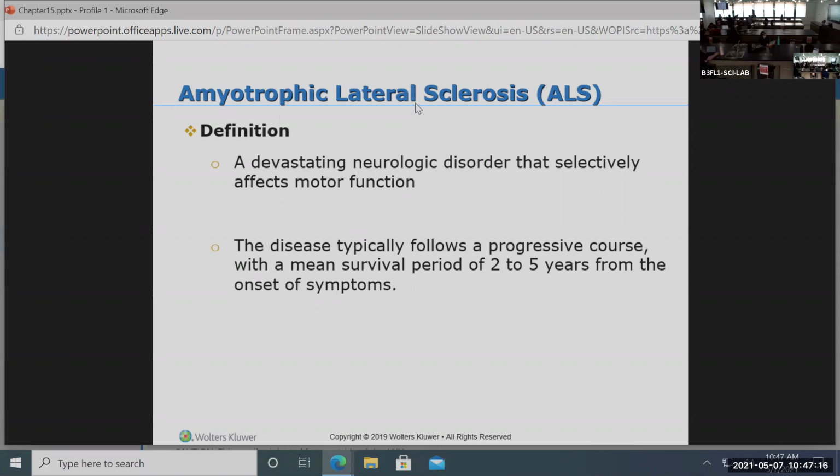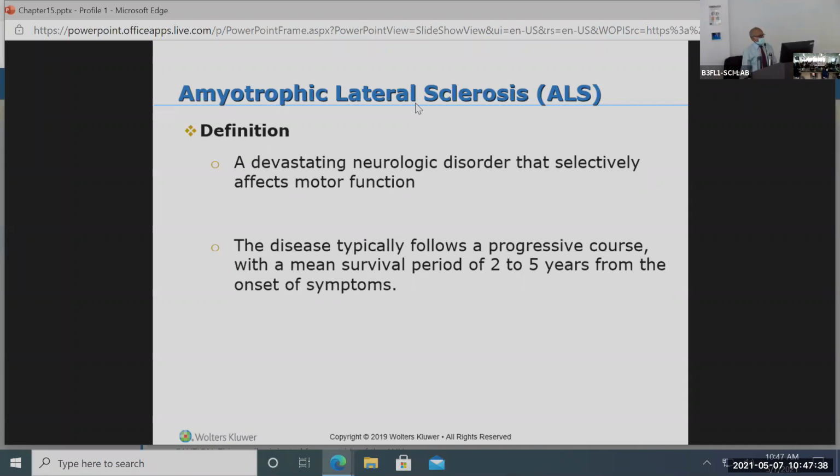After diagnosis, maximum lifespan is 2 to 5 years. What is the lifespan after diagnosis of ALS? 2 to 5 years. That means prognosis is not good. It's a survival period of 2 to 5 years from the onset of symptoms.